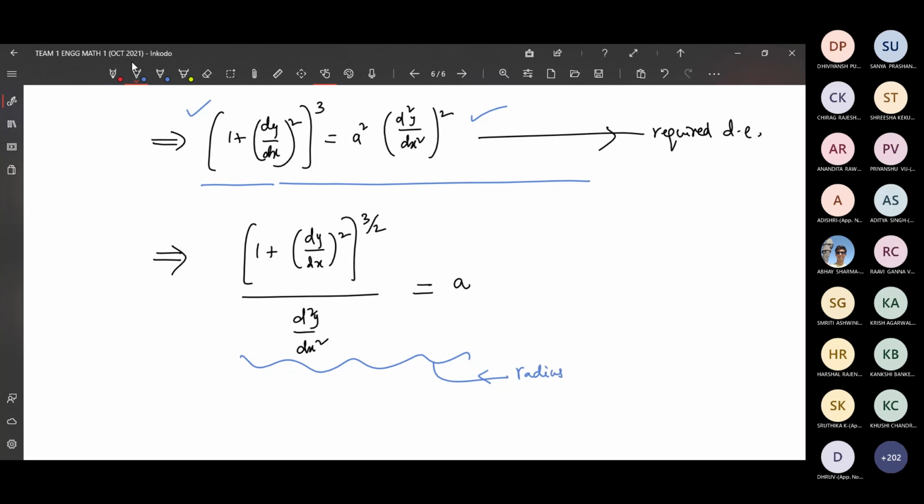We are not doing curvature now, but just for formula purpose. The radius of curvature at any point is constant always. Sir? A only.